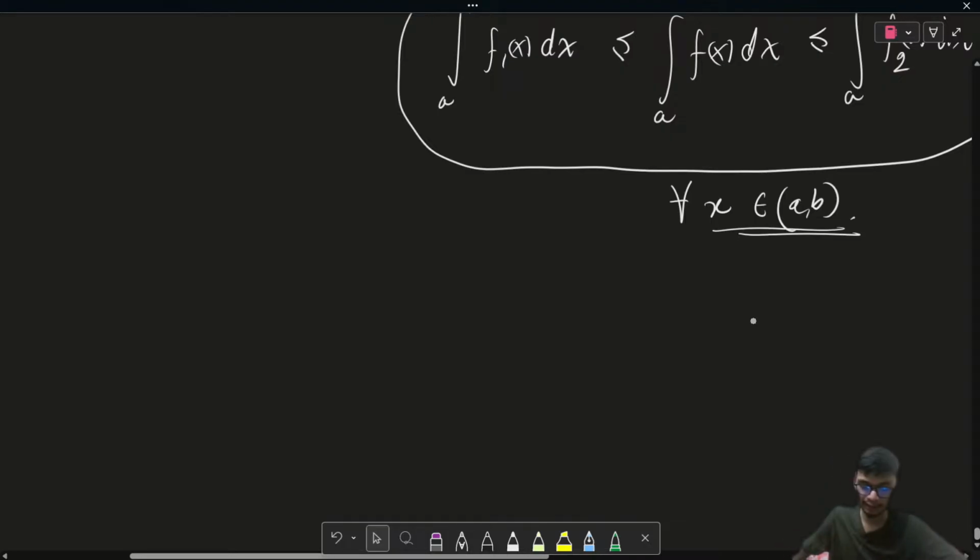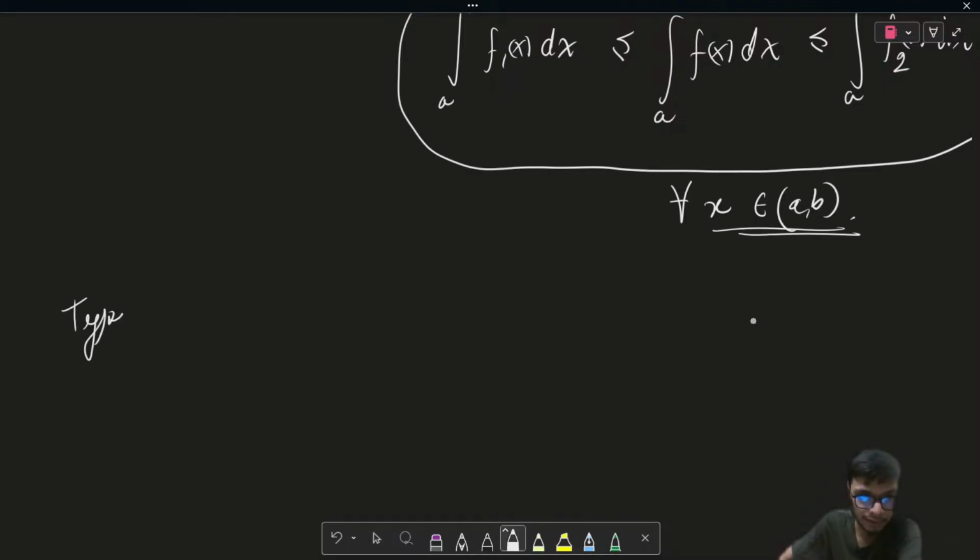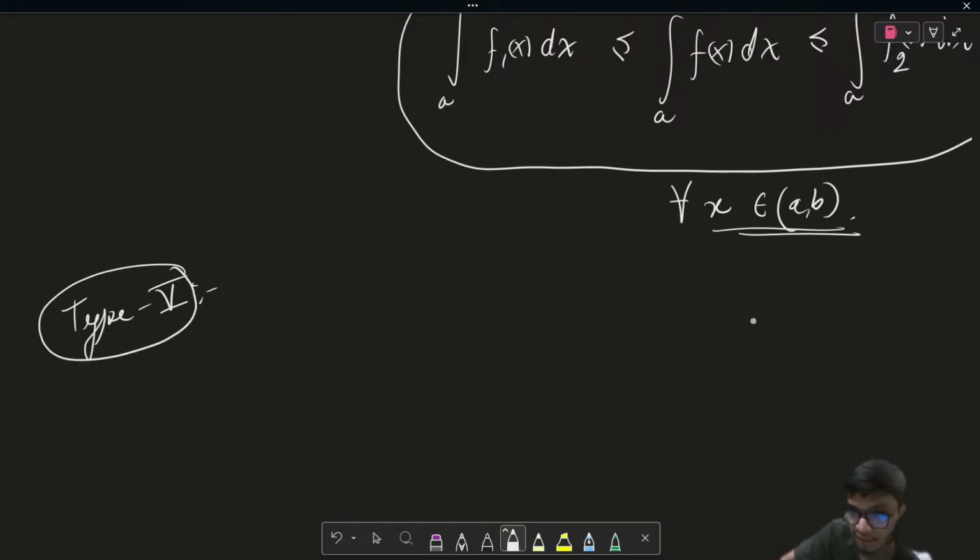Now, the last type of application of inequality is this.